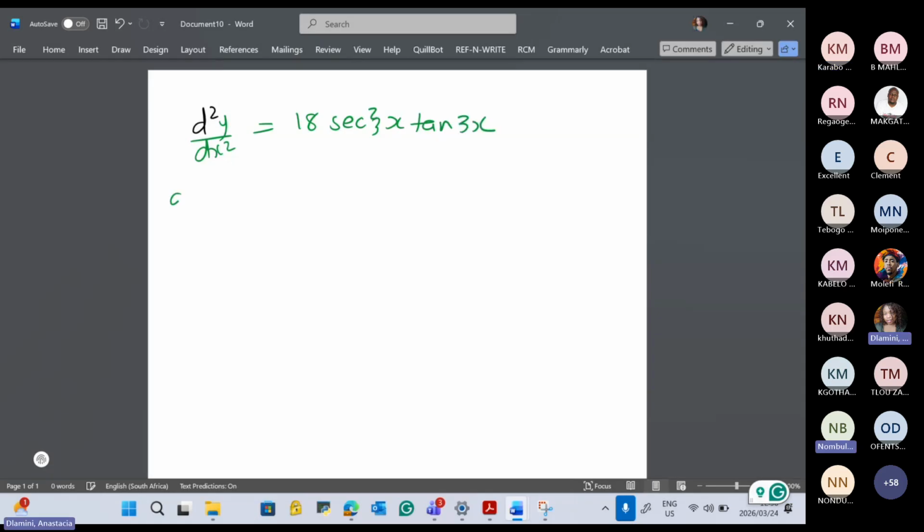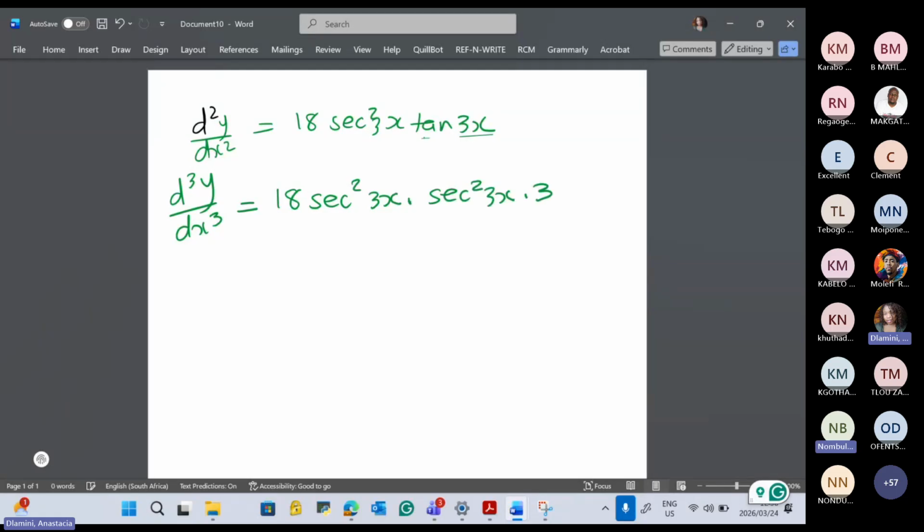So then the third derivative is equal to, let me differentiate this first. If I differentiate this first, then I get 18 sec squared 3x times sec squared 3x times 3.